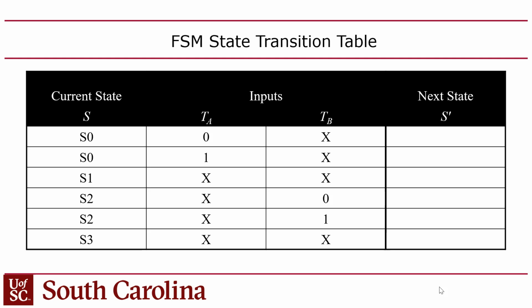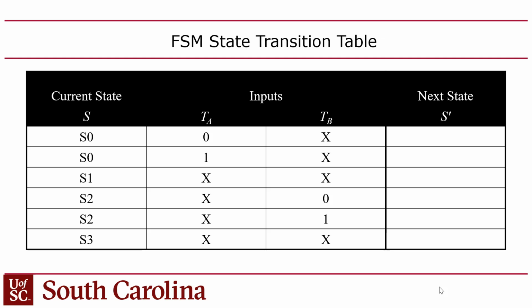So in this case, we have 1 row for each of the arrows. Each of the transitions has 1 row for it in here. So each one of those arrows in the graph has 1 row. So if you're in S0 and you get no traffic on A, then obviously your next state's going to be S0. We're going to stay in S0.